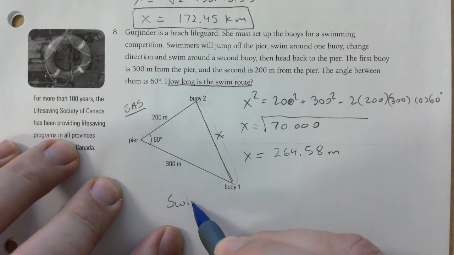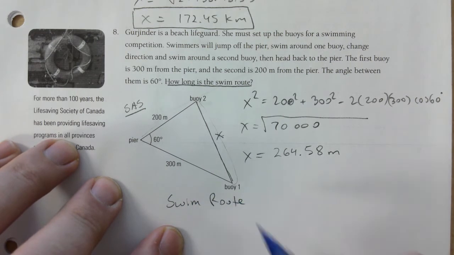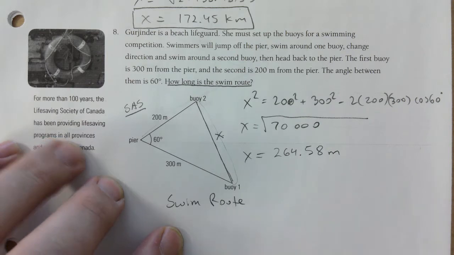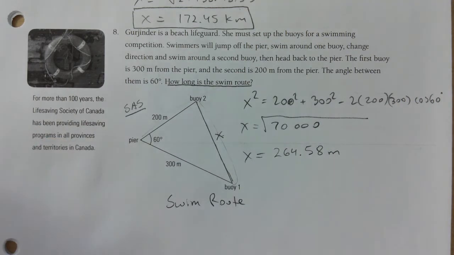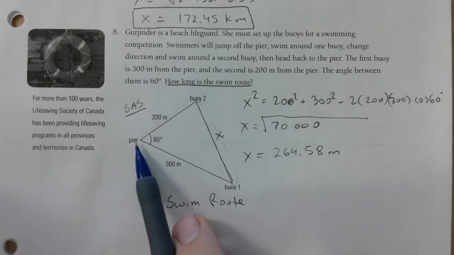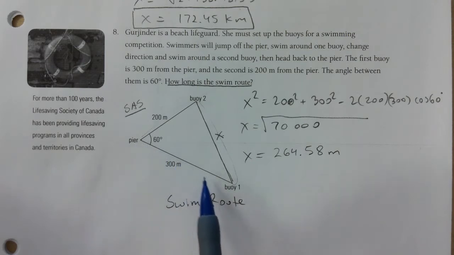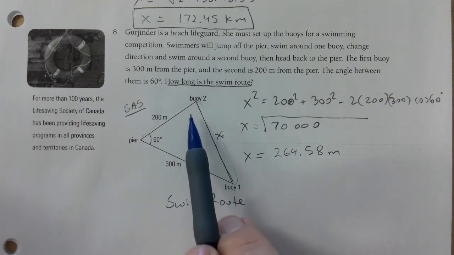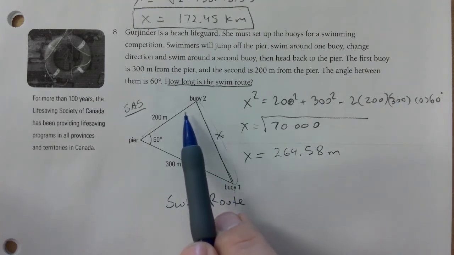Swim route. Oh, sorry. I think I didn't read it right. I'm reading it again to make sure. Swimmers will jump off the pier, swim around one buoy, swim around a second buoy, then head back to the pier.